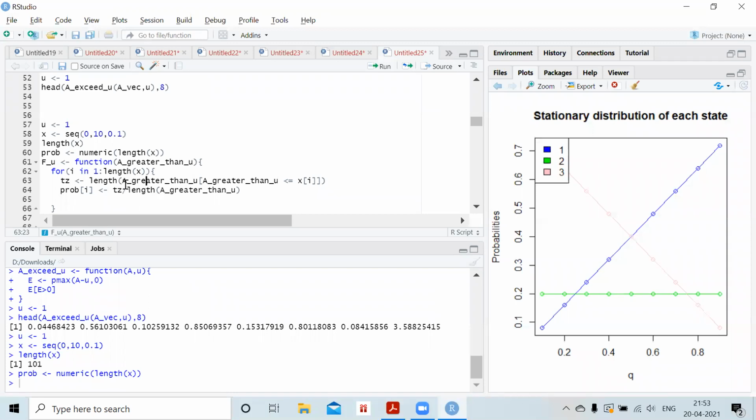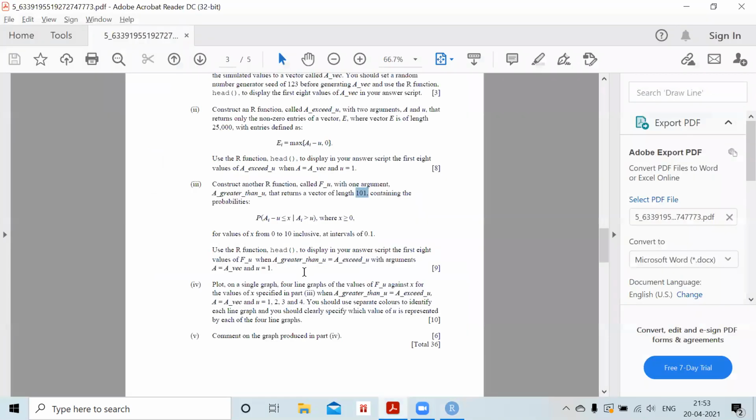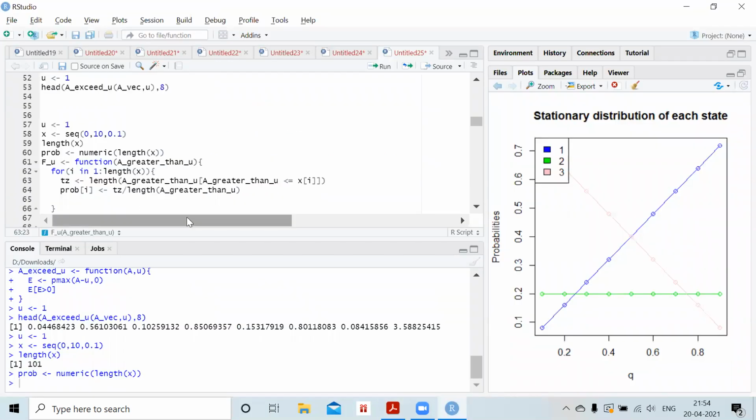So the favorable outcomes are the length of A greater than u wherever A minus u is less than or equal to x_i, because A greater than u is nothing but a vector which we need to find, A exceed u with arguments A vec and u. The probability will be this length divided by the total length of A greater than u.